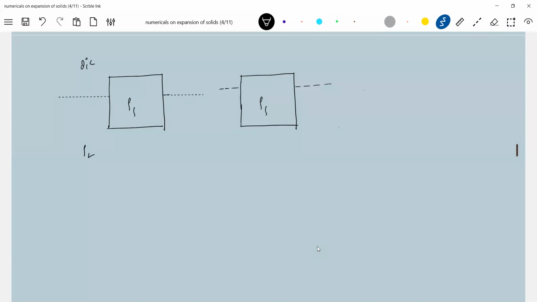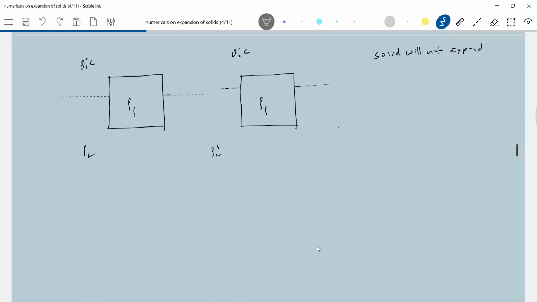Look at the fraction immersed. Solid will not expand here. I will raise the temperature. Then density of liquid will change. So what will happen to the fraction of volume immersed? I want the rho L, the coefficient of volume expansion of the liquid. Gamma L has to be determined.